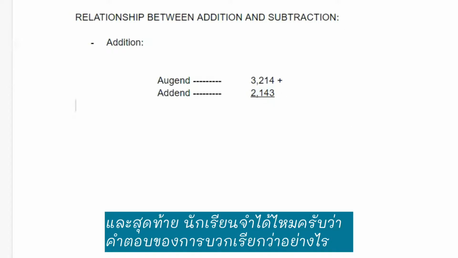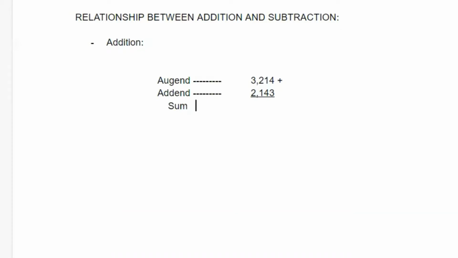And finally, do you remember how to call the answer of the addition? Sum. I think we have learned this already, so this time we can review. So let's do this addition together, please.